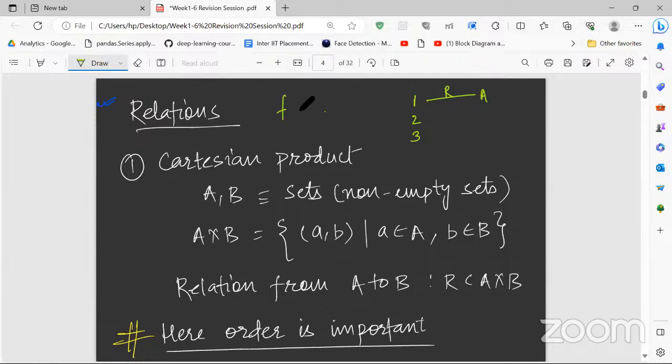Just for an example, to show why order is important: if you have the function x square and you put 1, you get 1, fine. If you put 2, you get 4, but if you put 4, you are not getting 2, right? So here the order is important in a relation. In a set it was not important, but in a relation the order matters. That's the one important thing here.